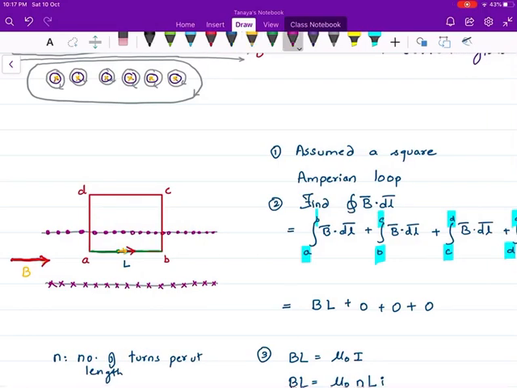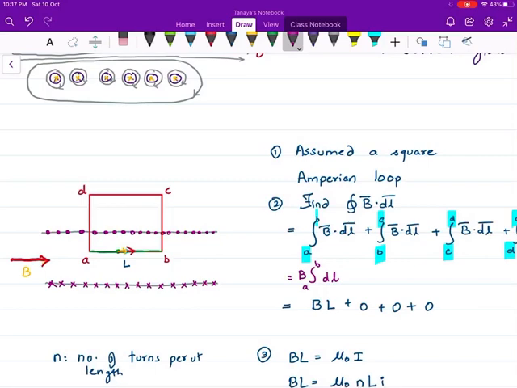Integration from A to B of B dot dl, theta is 0, so cos theta is going to be 1. So I am going to get B integral dl, because integration of B bar dot dl bar is B dl cos theta, and cos theta is 1 since theta is 0, right? So I get B integral A to B dl.